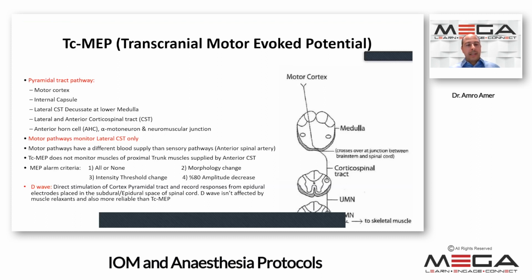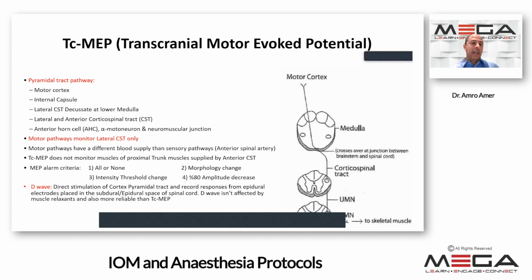Another test is the D wave. So instead of stimulating at the head and recording from the peripheral muscles, we actually stimulate from the head, but we record from the spinal cord with a specific electrode. And we do these cases usually for intramedullary or intradural extramedullary tumors.